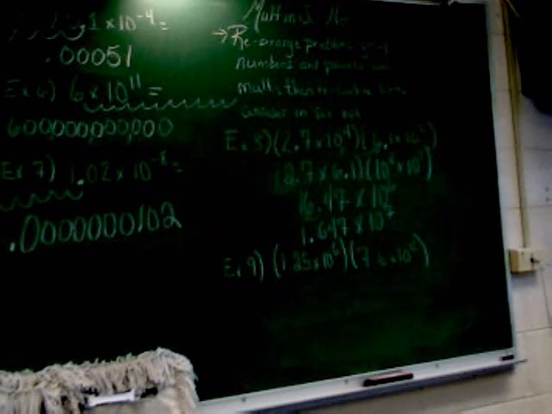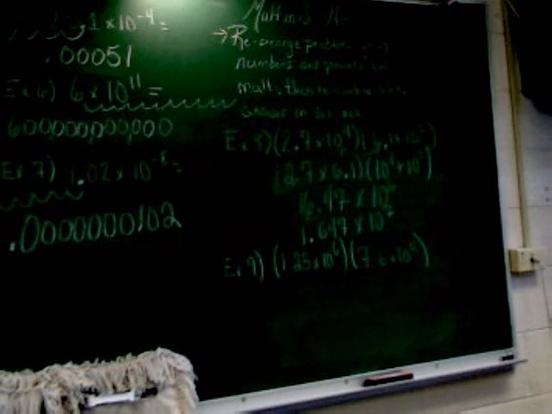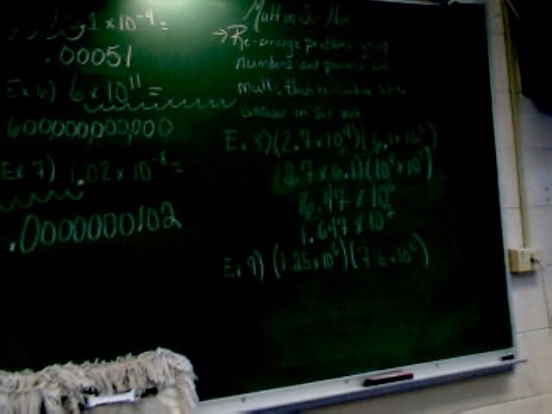All right, so the last one. 1.25 times 10 to the 6th, 7.6 times 10 to the 12th. Again, switch those two inside terms.